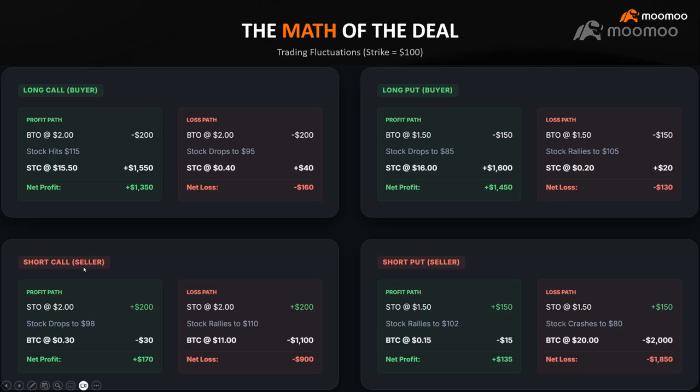Remember, if the stock price goes down, your call option goes down. You shorted at $2, so you buy back at 30 cents. You're paying $30 to close this position. You are making $170 profit.